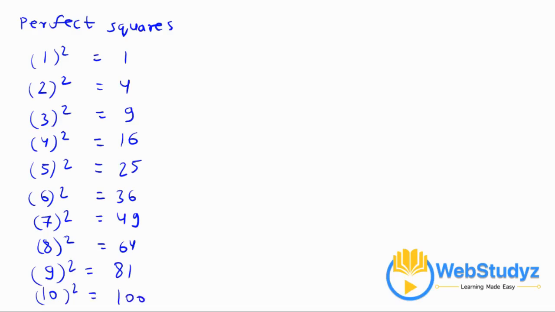We can see a pattern that in perfect squares we have unit digit as 1, 4, also 5, 6, 9, and even number of zeros.